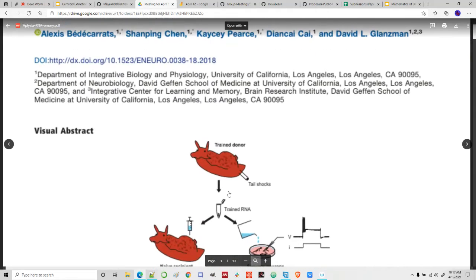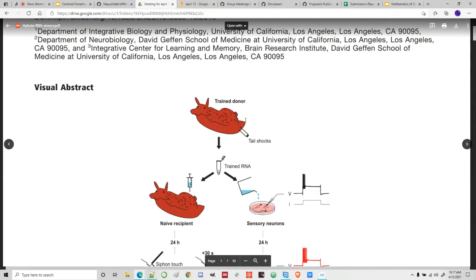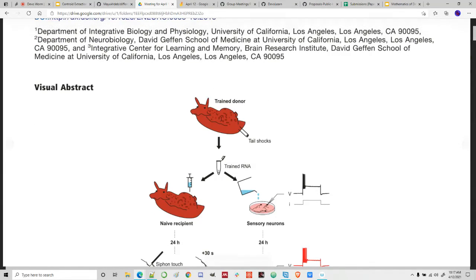This is where they use these sea slugs called Aplysia. This is a model organism they use in learning and memory a lot. What they did here was they induced memories by taking the RNA out of a trained Aplysia and putting it into a non-trained Aplysia, and the non-trained sea slug was able to learn things through that transfer of RNA that it wouldn't have learned otherwise.